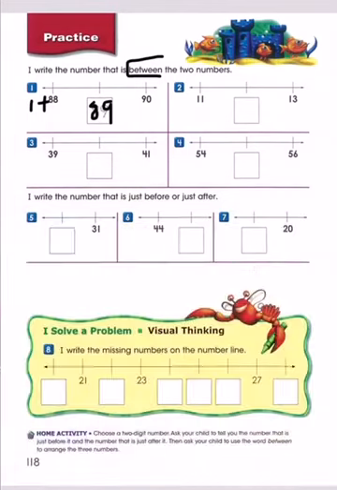Okay, we have number 2 again. It's about between. Okay, what is the number that came between 11 and 13? Of course, the number is 12 because we plus one number to the 11. Okay, we can say 11 plus 1 equal to 12.